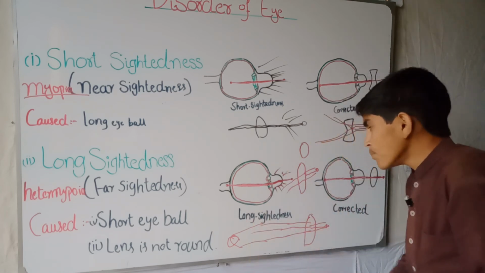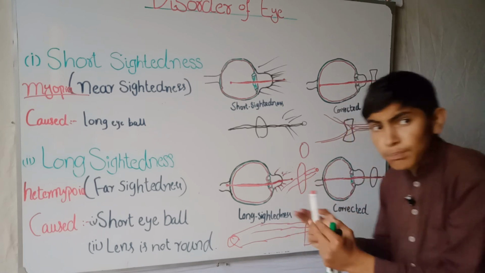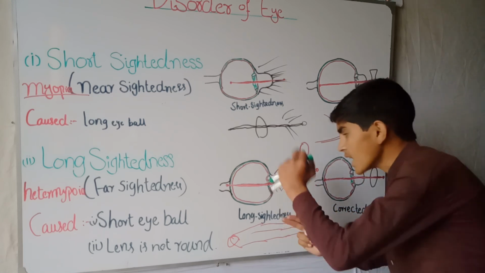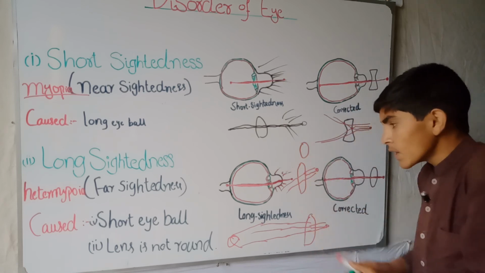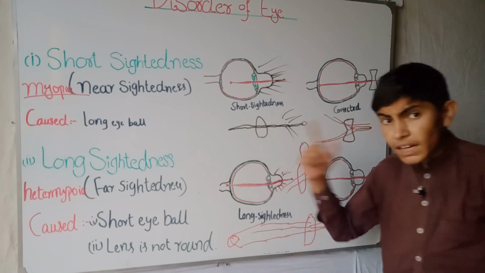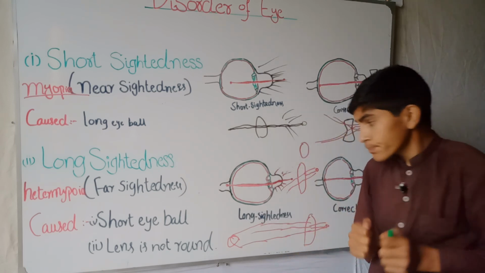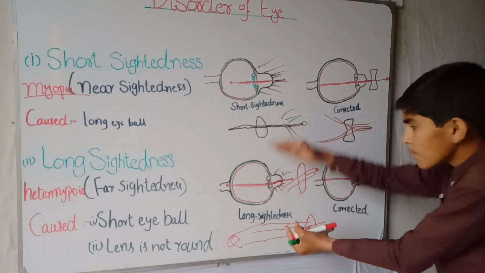Therefore, if the lens is not round but thin, the light is not converged directly or in little time, so it goes behind the retina to be converged. So long-sightedness is caused by these reasons.